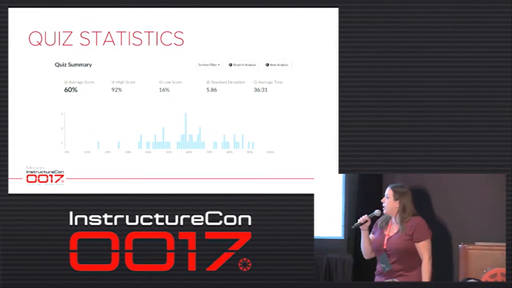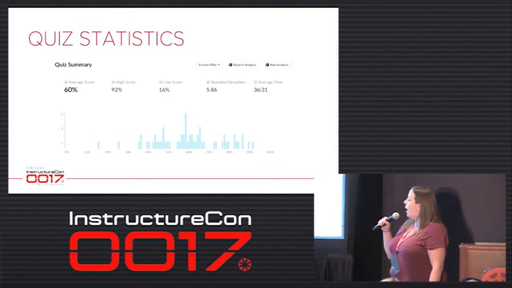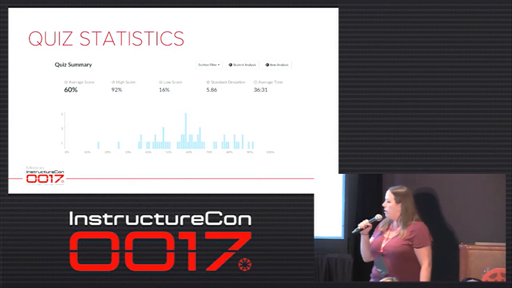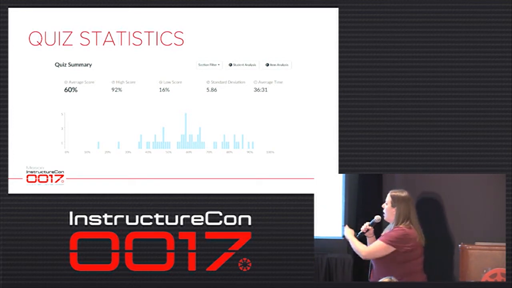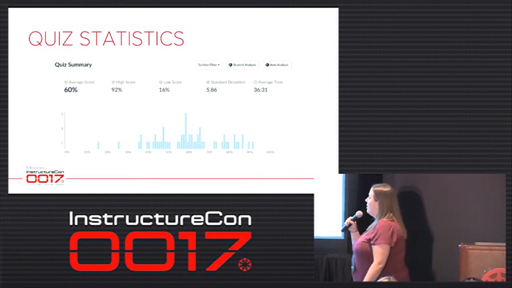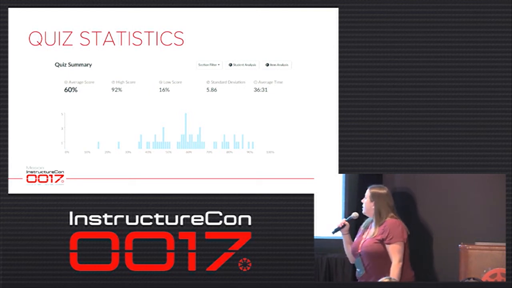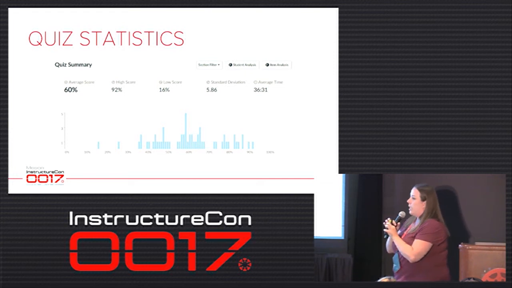One of the other things I really like is the quiz statistics. So after they have taken that pretest, this is right from the pretest, I can see kind of where the distribution of students are, an average score, high score, low score, deviation, how long they spent on this particular quiz. And then if you want to go in more depth per student, you can go to student analysis and pull that up.